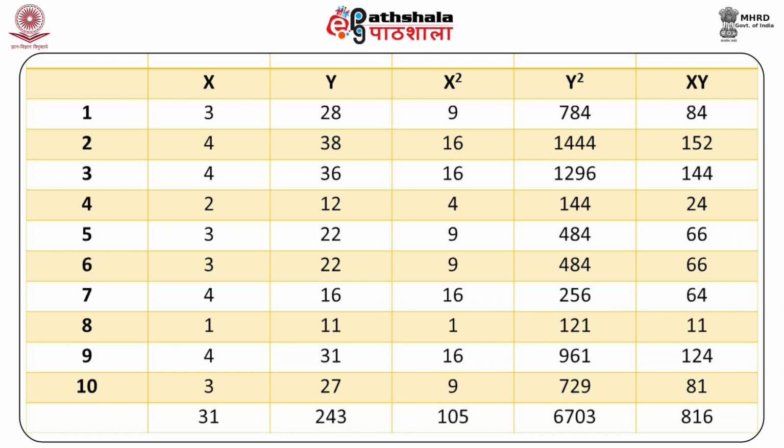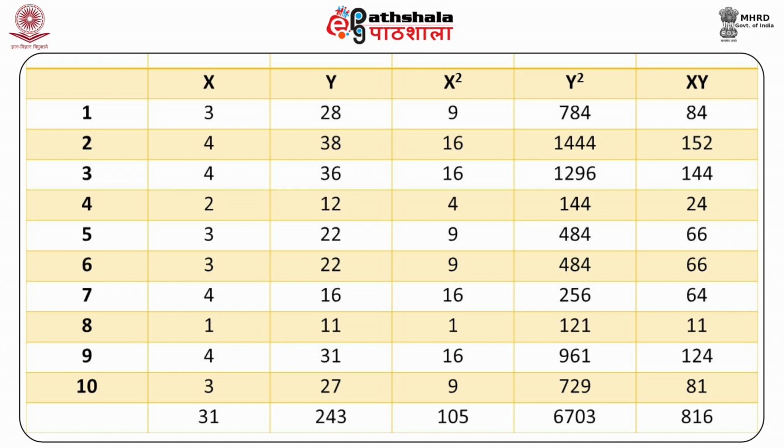Multiplying the x and y scores, the xy values for the 10 subjects are 84, 152, 144, 24, 66, 66, 64, 11, 124 and 81.